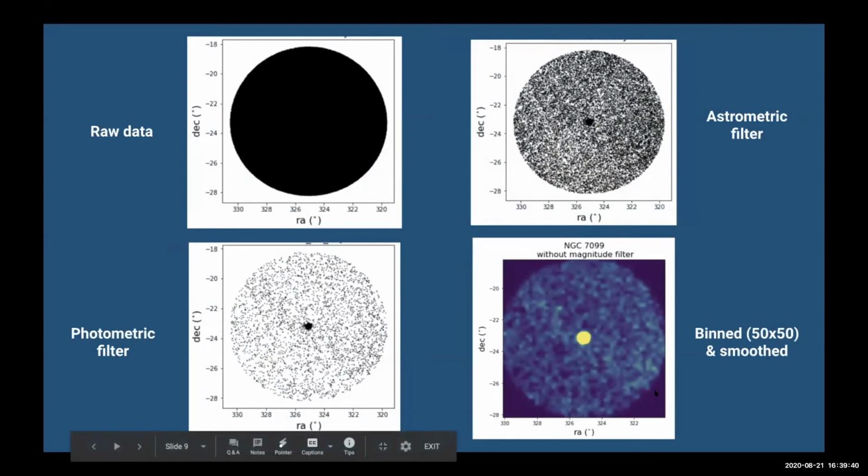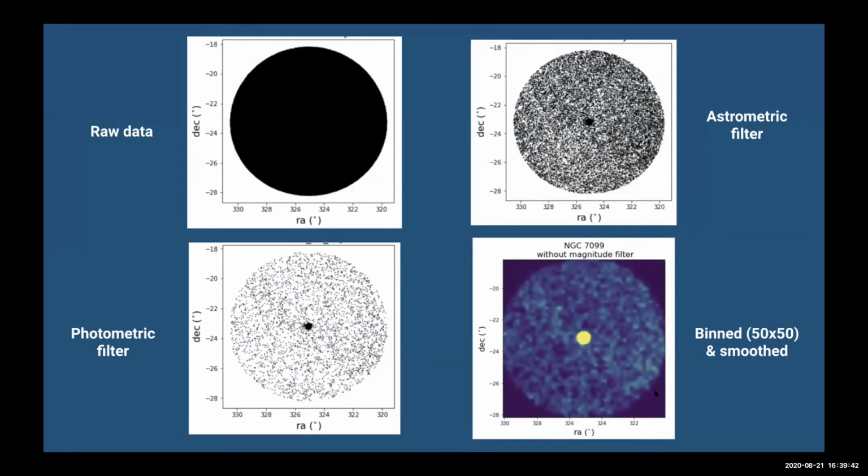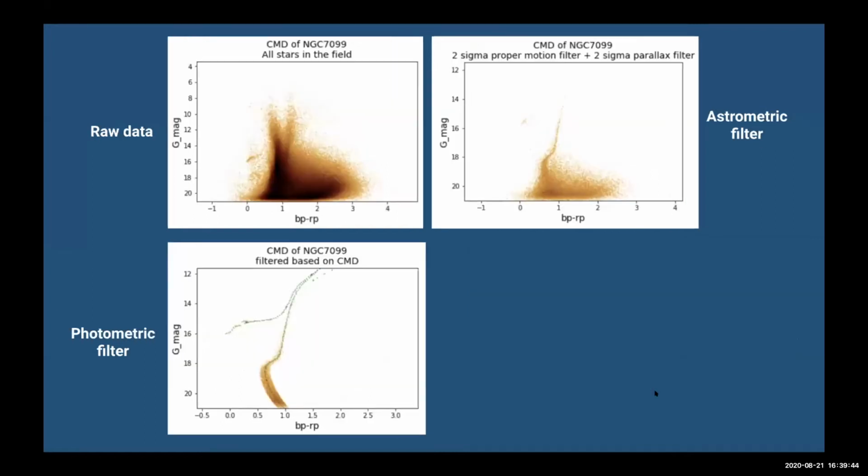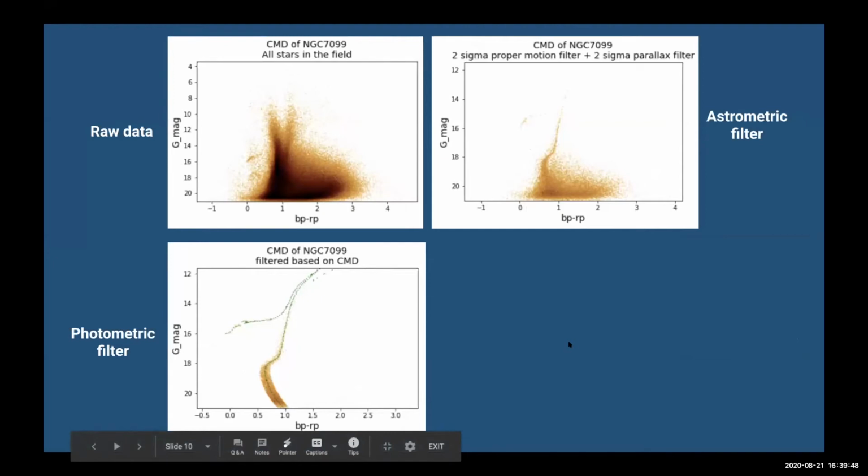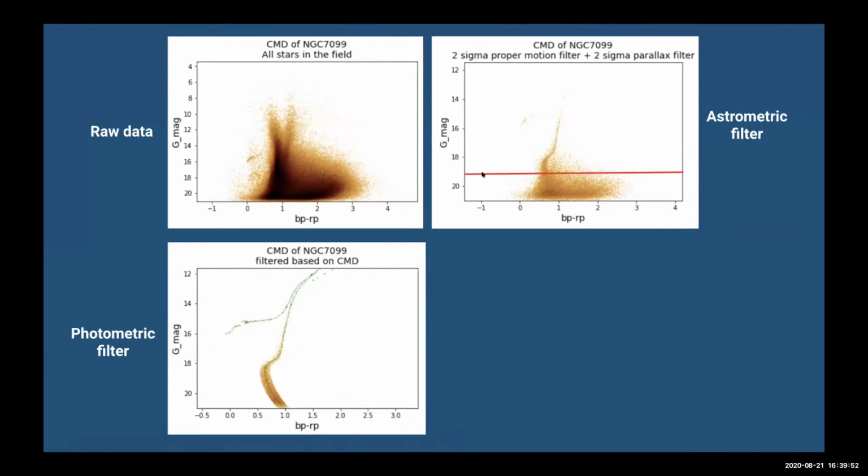tidal tail. So we went back to the drawing board, and talking with Dr. Josh Simon, we saw that for example below 19th magnitude, stars seemed to have a very large dispersion, even with the astrometric filter.